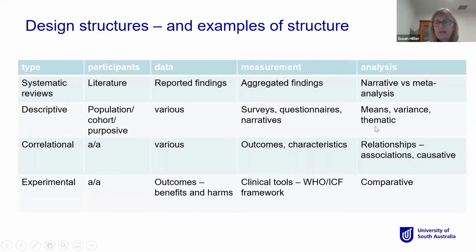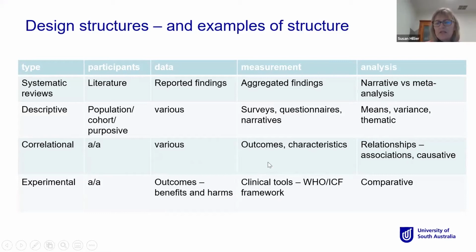If our data is in the form of narrative, text-based, then our analysis is usually a thematic kind of analysis where we look at themes that emerge from the different lived experience. Correlational studies also have population or cohort-based samples. The data, again, can be various.